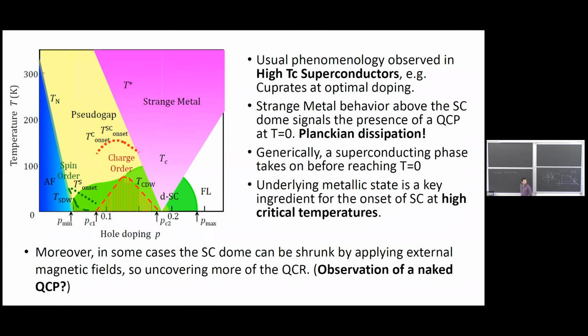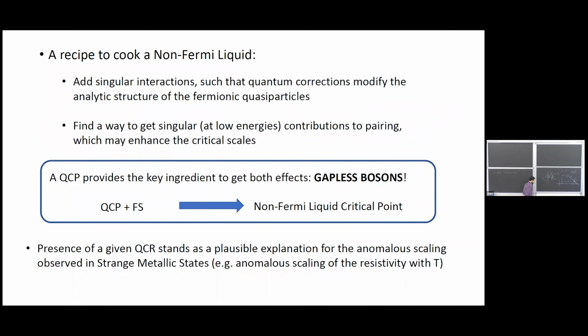So it's quite reasonable, or plausible, and it has been proposed some years ago, that there might be a quantum critical point at the tip, at zero temperature, and the quantum critical region associated with this critical point, which has to be non-Fermi liquid-like, may be a plausible explanation for the phenomenology observed in these strange metallic phases. So now that we are motivated to look for non-Fermi liquids, we can try to find a particular one.